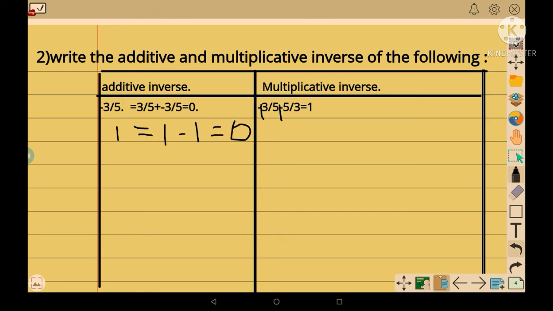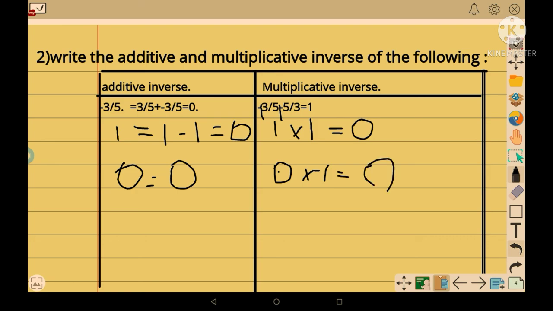This was the answer. In the multiplicative inverse, 1 into 1 is 1, right? So 1 into 1. The third one is 0. In the sense of 0, we'll get 0 if we add, subtract or multiply. If we multiply 0 with 1 also, we'll get 0. So 0 ones are 0, 0 twos are 0, 0 multiplied by anything gives 0.